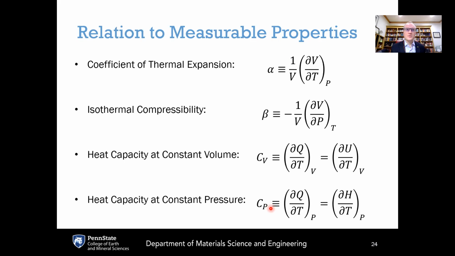All of the properties of a material are governed by these underlying thermodynamic parameters of entropy and enthalpy, and all of them in turn are governed by the underlying atomic structures of the materials.